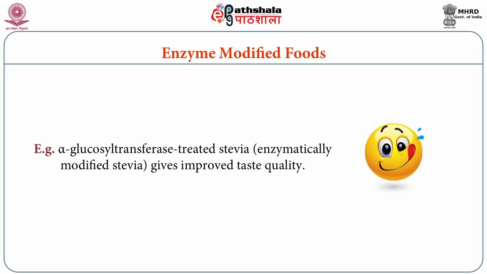So, such improvement actually can improve the product quality, because sometimes use of additives like stevia, which is a low calorie sweetener, can be very much useful for diabetic people, but can cause some off flavor problems in foods. These can be alleviated by using such enzyme modified stevia, and we can get good quality end products.